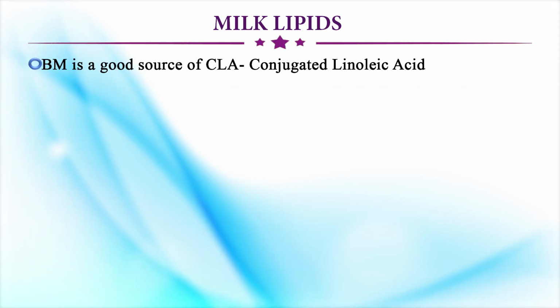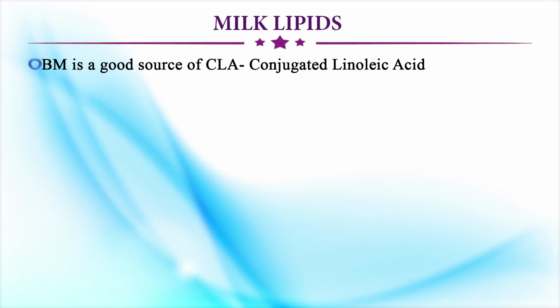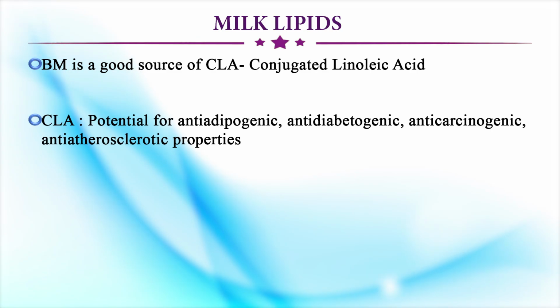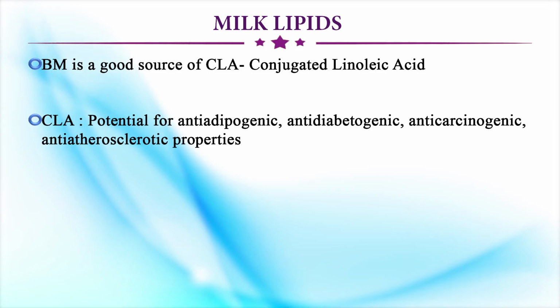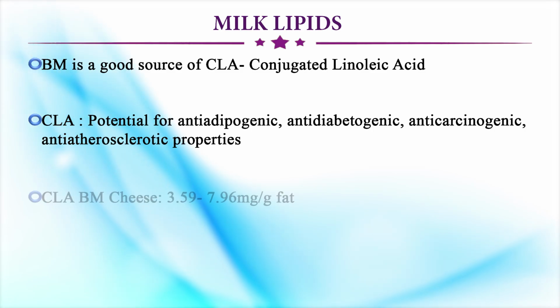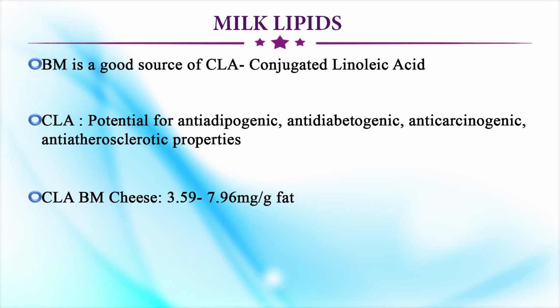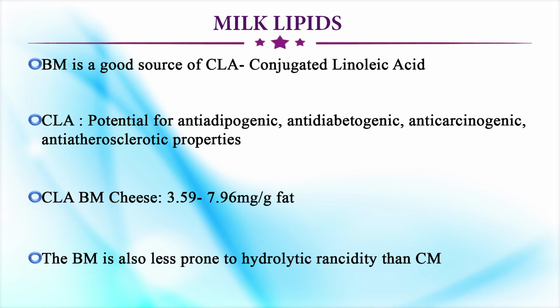Now buffalo milk is also a good source of conjugated linoleic acid because it has a potential for anti-diabetic effects. Buffalo milk cheese has a CLA value of 3.59 and 7.96 milligram, and they are less prone to hydrolytic acidity.